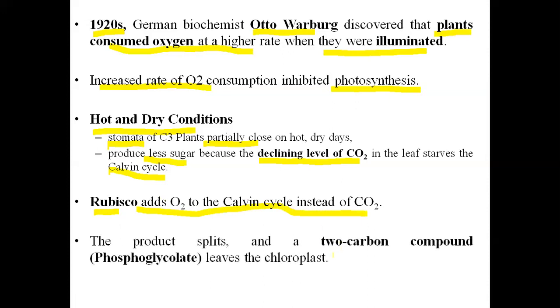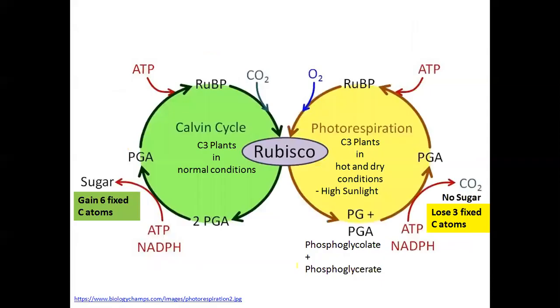The product splits, and instead of the 3 carbon compound, as we observed in the Calvin cycle, the new product will be a 2 carbon compound, which is known as phosphoglycolate. Then this phosphoglycolate leaves the chloroplast and moves to the peroxisomes and mitochondria.